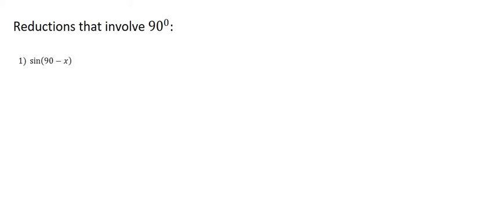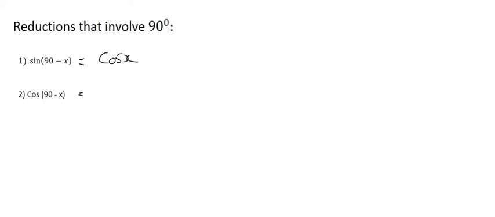The first one is the sin of 90 minus x. Now there's a whole mathematical reason as to why the next thing I'm going to say is true, but what you need to simply remember for this year is that the sin of 90 minus x is equal to cos x. That's just something you should memorize. Okay? The second one will be cos of 90 minus x.